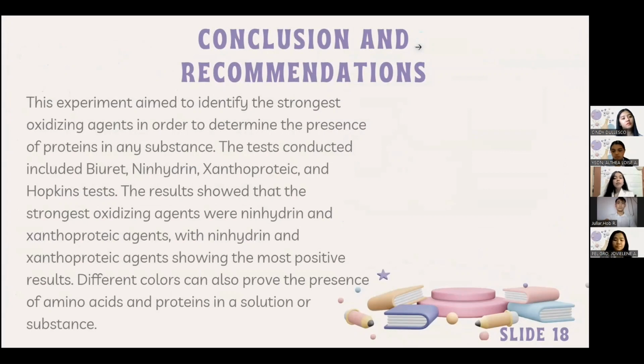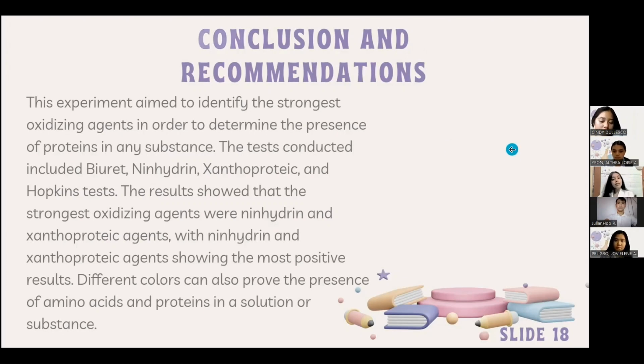This experiment also highlighted the importance of strong oxidizing agents in determining proteins in substances, leading to the conclusion that both ninhydrin and xanthoproteic agents were the strongest oxidizing agents in the experiment, as both were able to show the most positive results in each sample, compared to the Biuret and Hopkins tests.